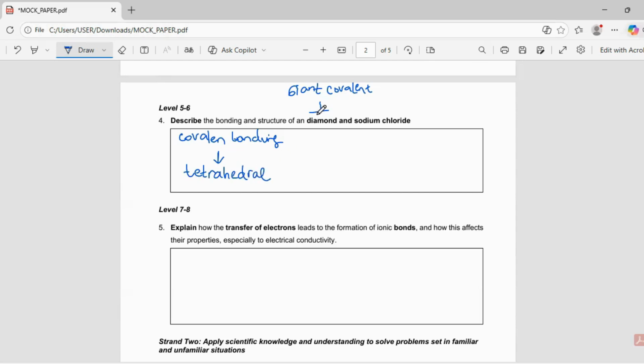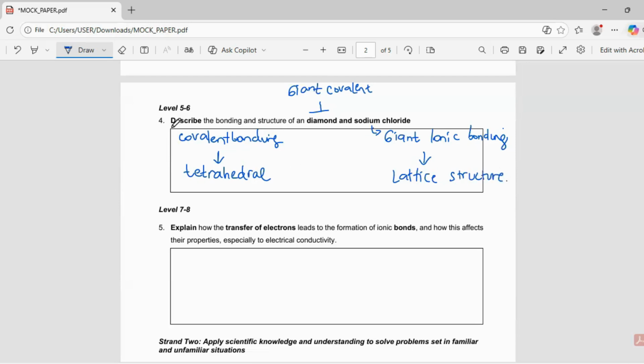The name of the bonding is covalent bonding, and the name of the structure is tetrahedral. And then for sodium chloride, the name of the bonding is giant ionic, or you can say ionic bonding. And the name of the structure is actually lattice structure.